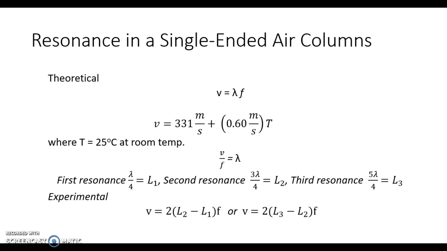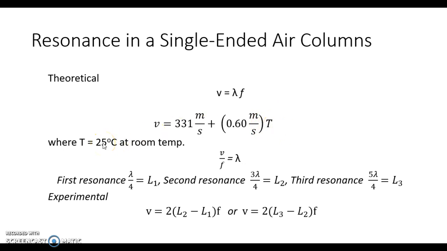So now let's say you're given an experiment where you need to figure out where those locations are. You can calculate the approximate location based off of these equations. If we're dealing with sound, we know that the speed of sound is equal to 331 meters per second plus 0.6 times the temperature the sound is passing through.